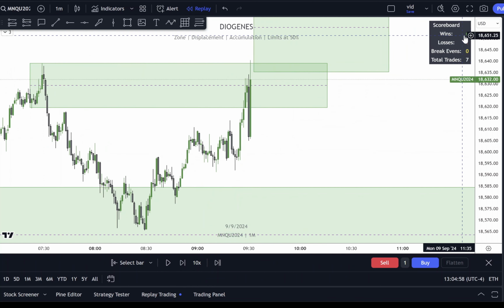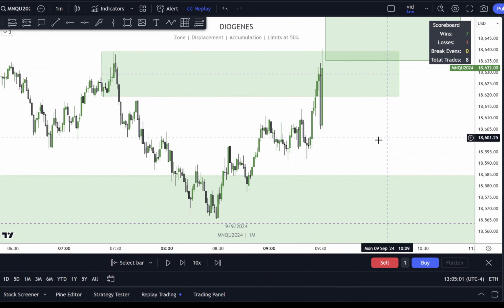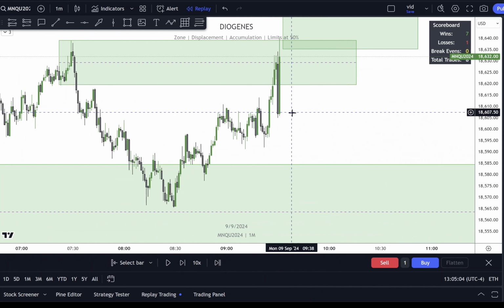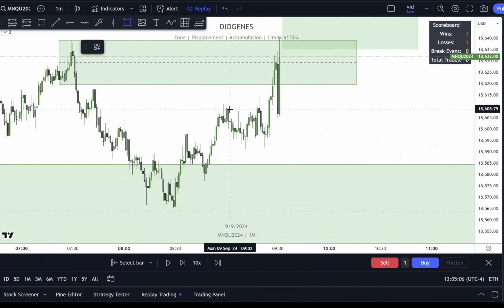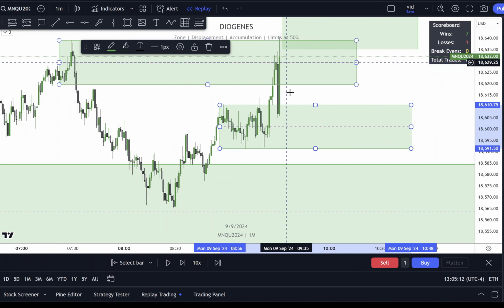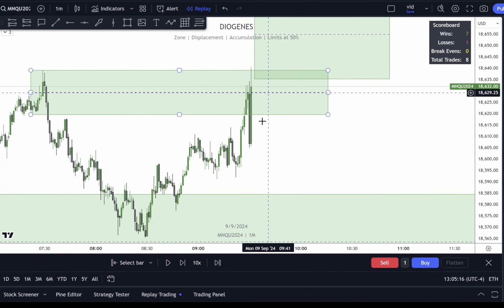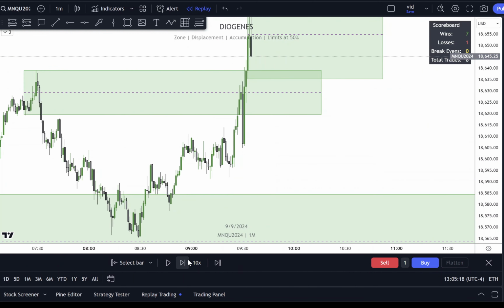Okay, so that's our 7th one. So the glitch will at least bring back price to these unmitigated zones, not especially to the 50%, but the 50% of the dealing range, like the golden bullet fib. And then it will keep going up.